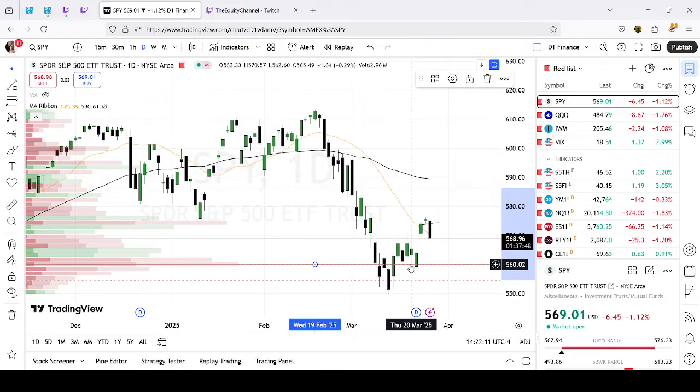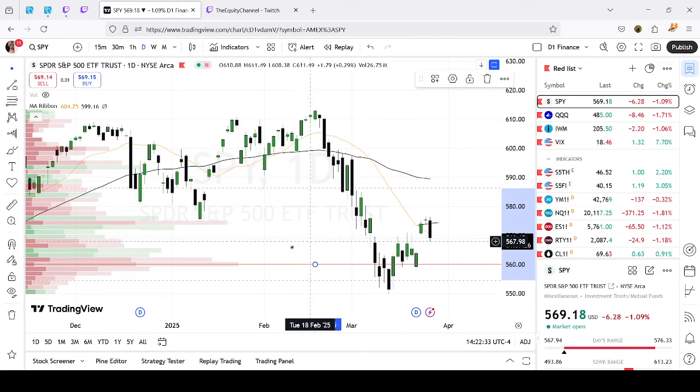This is our point of control. We're currently experiencing some resistance around this area right here. Our next point of resistance would have come around this area here, if we were to continue higher.